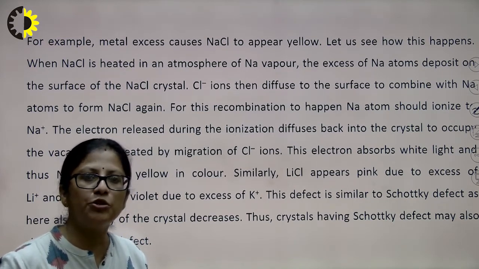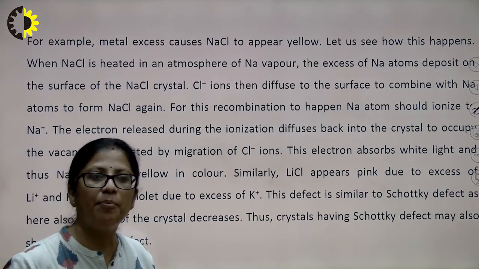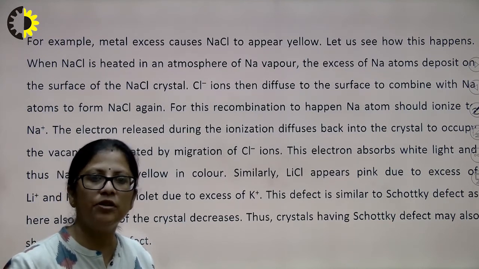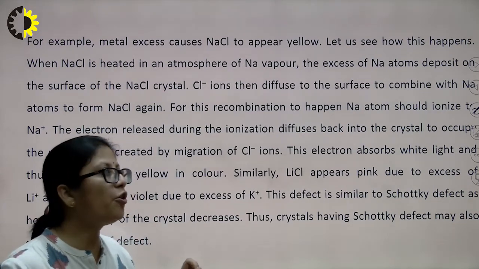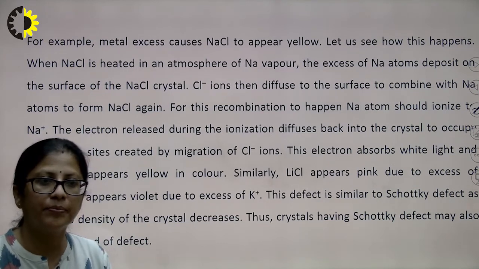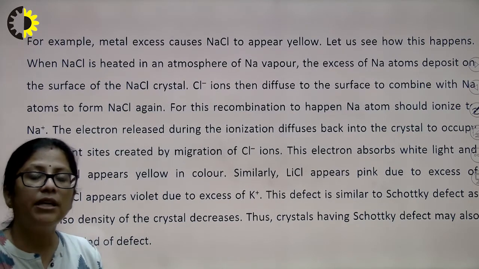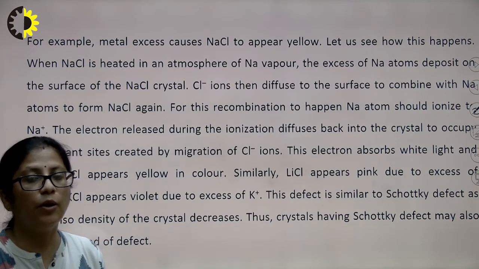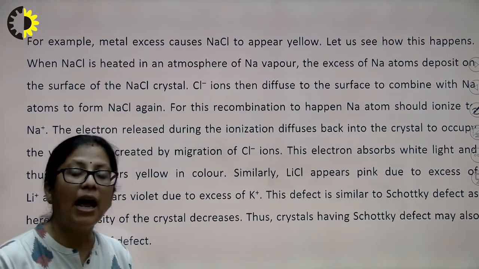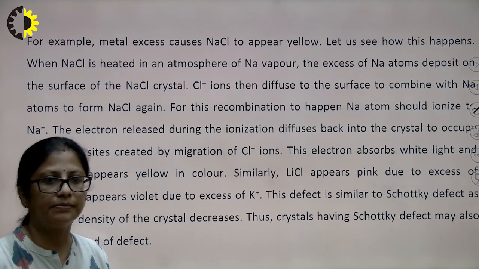For this combination to happen, the sodium atom should ionize to Na+, and the electron released during the ionization diffuses back into the crystal and occupies the vacant site created by the migrating Cl- ions. And then this electron absorbs white light and therefore the NaCl appears yellow in color. Similarly, lithium chloride appears pink, and potassium chloride appears violet in color.